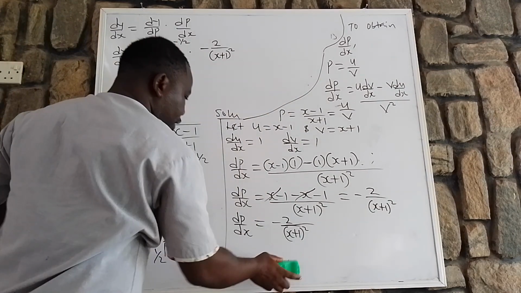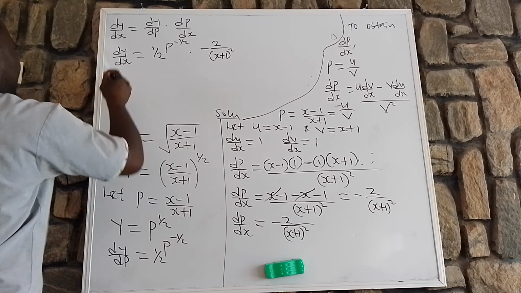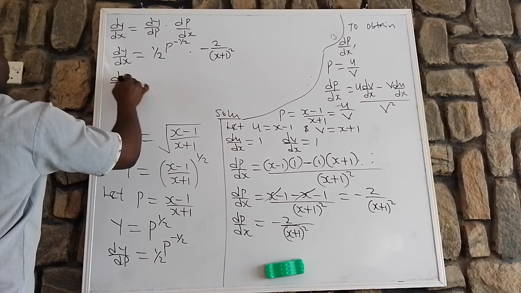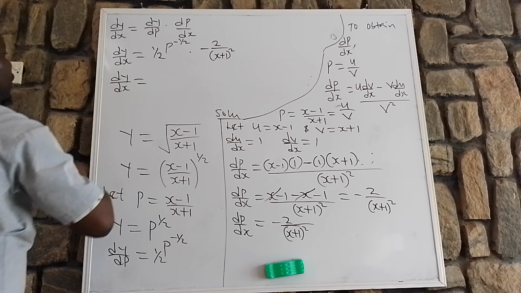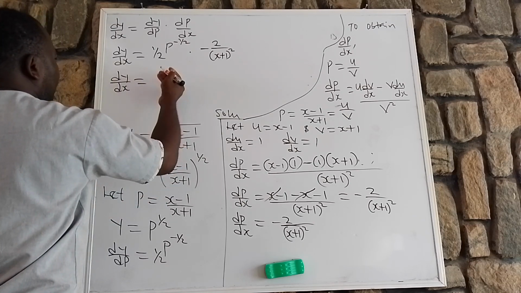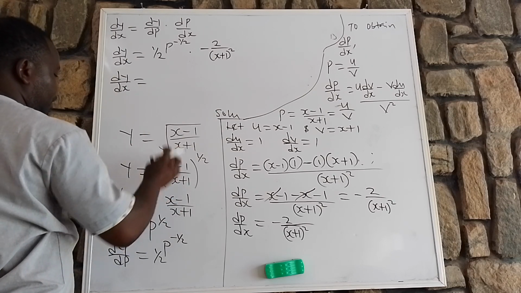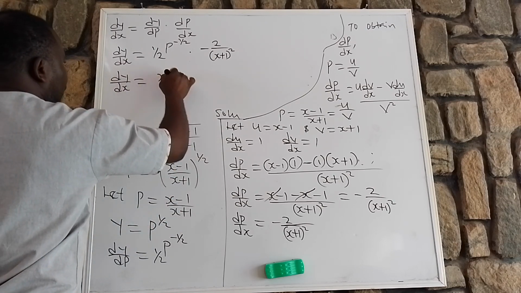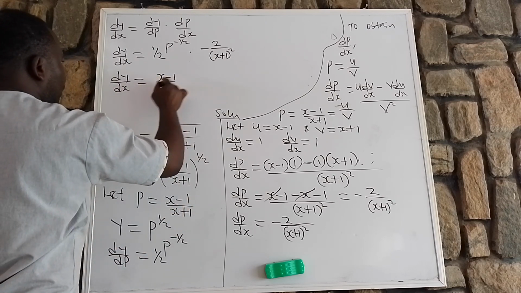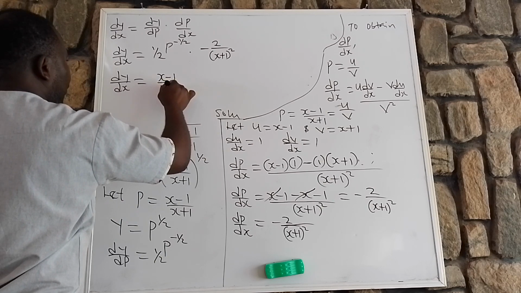So this implies that our dy over dx is equal to, we can write this way. Instead of p, we write x minus 1 all over x plus 1.